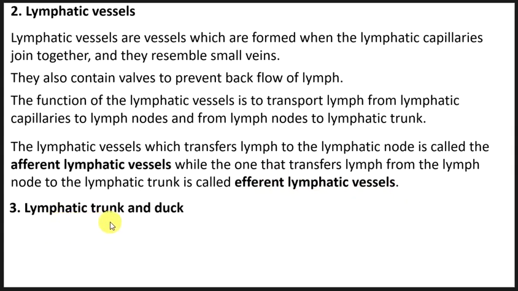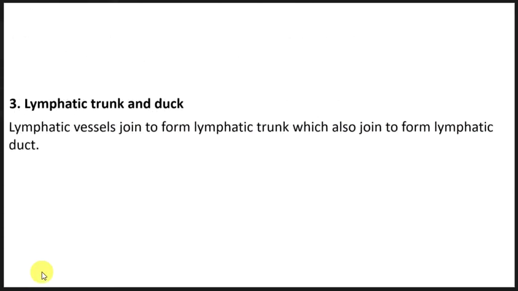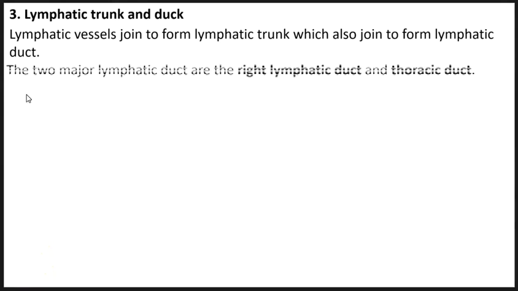lymphatic trunk and duct. So we are saying lymphatic vessels join to form lymphatic trunk, which also join to form lymphatic duct. Okay, so the two major lymphatic ducts are the right lymphatic duct and the thoracic duct.